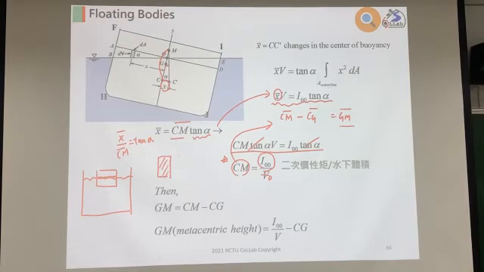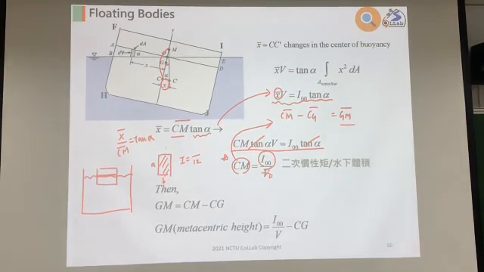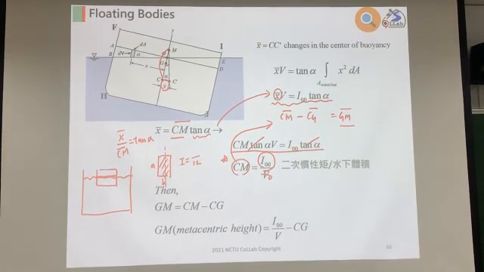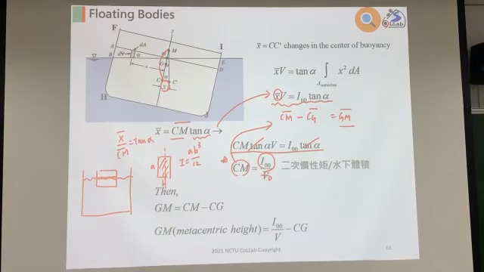So if it is a rectangular surface area, what is the I? We know the I is one over 12, maybe this is B and this is A, and our rotation axis is along the A direction. So we know the second moment is A multiplied by B to the third power, right?